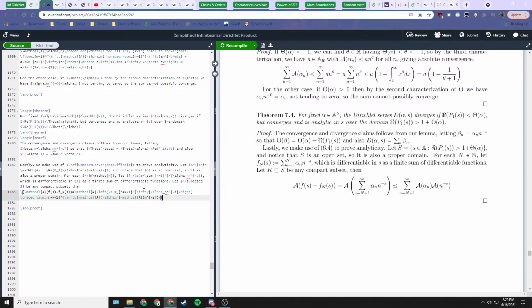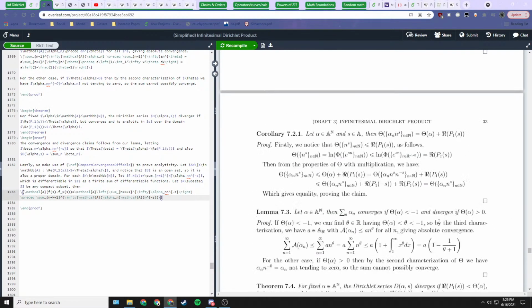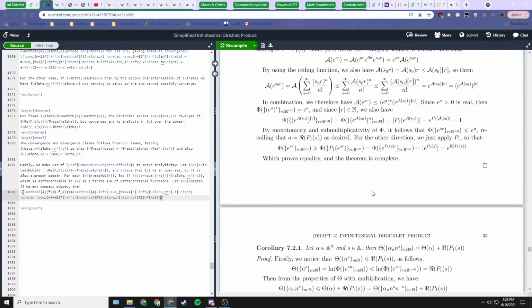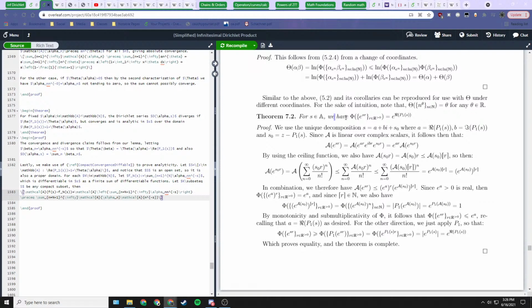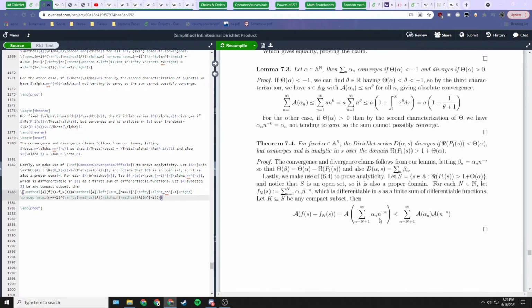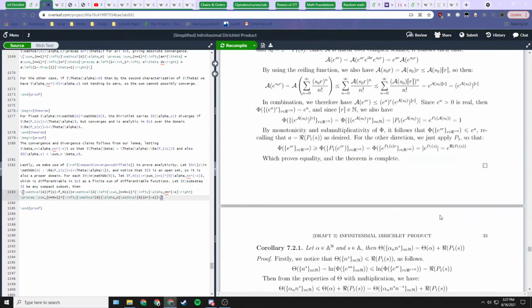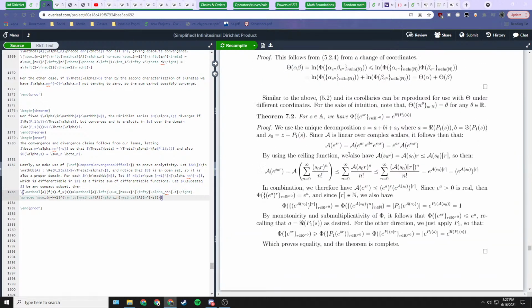So how can we bound n power minus s? I think we're going to need to use a similar technique as what we did up here, in order to show compact convergence. When we have the absolute value of n power minus s, essentially we want to repeat some of these steps.